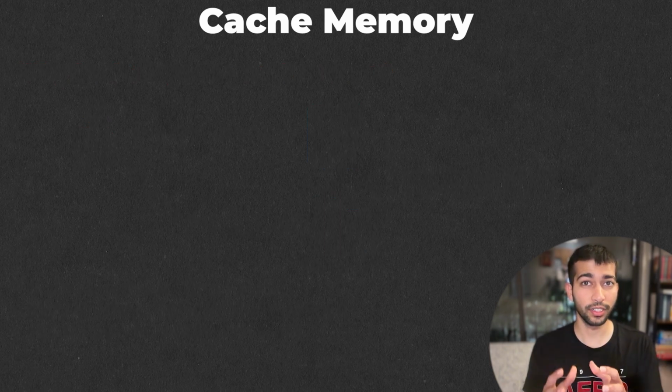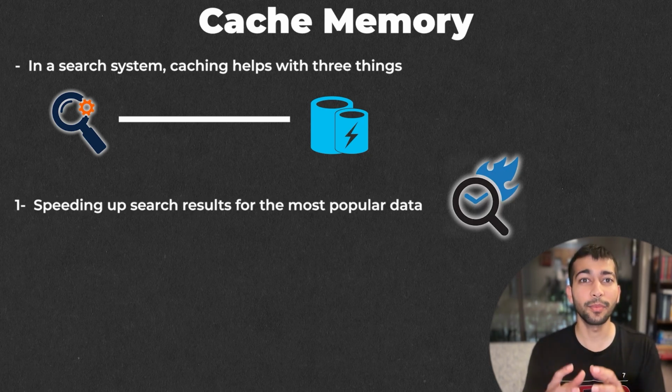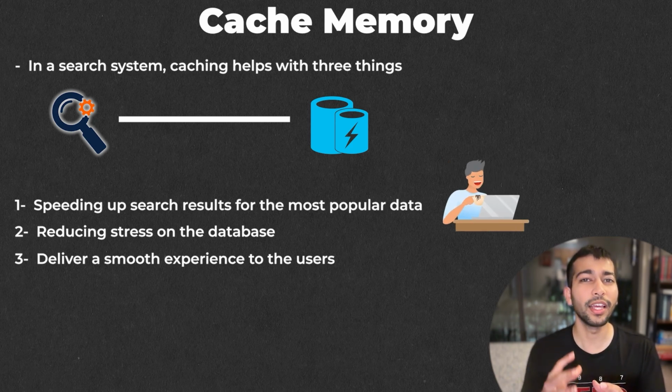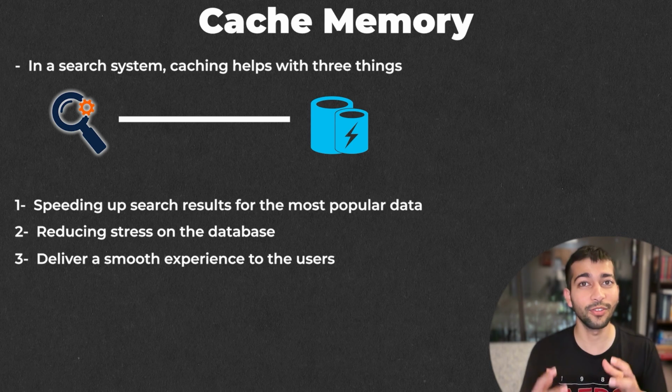In a search system, caching helps with three things. The first one, speeding up search results for the most popular data. Secondly, reducing stress on the database. And thirdly, delivering a smooth experience to the users. All three are very important, and that is why you see cache being used more often nowadays.